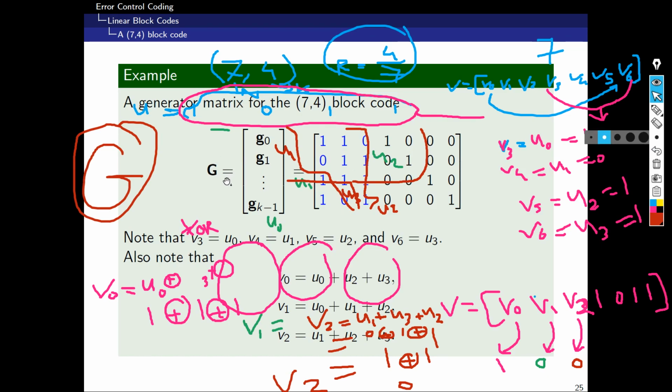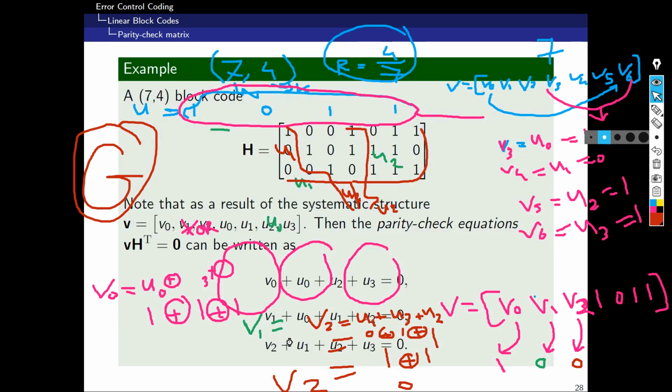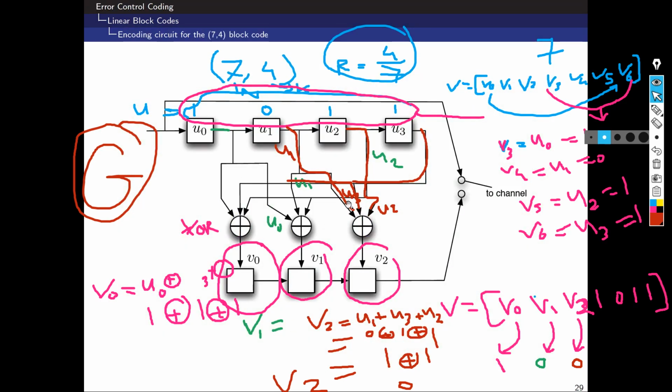This slide shows you G. And from this matrix, you can find V0, V1, V2. This G is basically implemented with the circuit that you see here, from which you can find V for any information sequence bit. Okay? This is very critical and very important, and we need to be very careful about it.